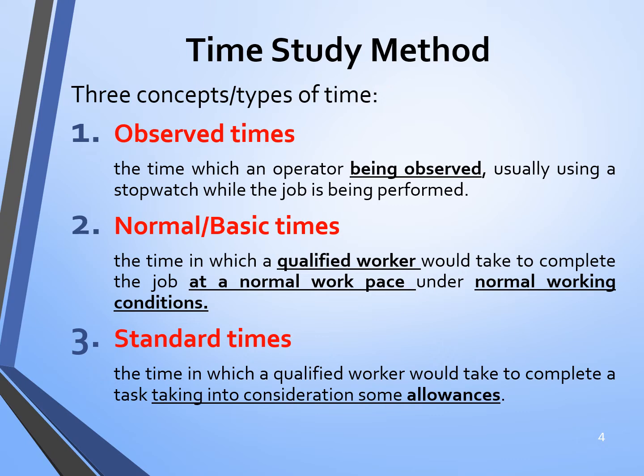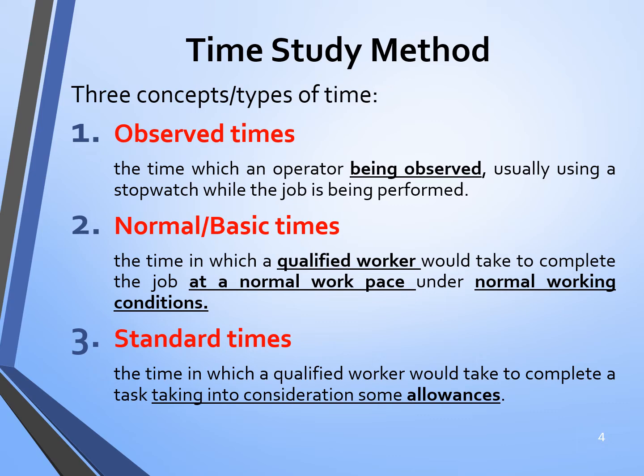Okay, so the normal work pace here is at 100%. Faster work pace is at more than 100%, and the slower work pace is when the worker is working at a rate of lesser than 100%.